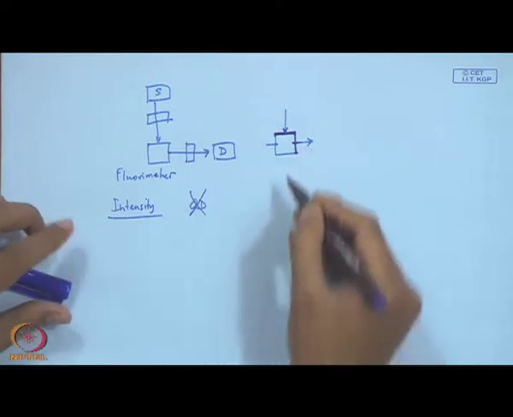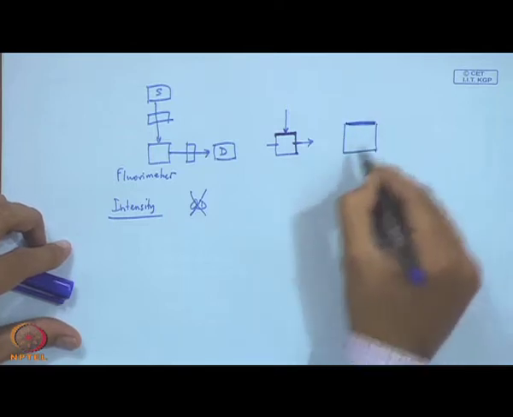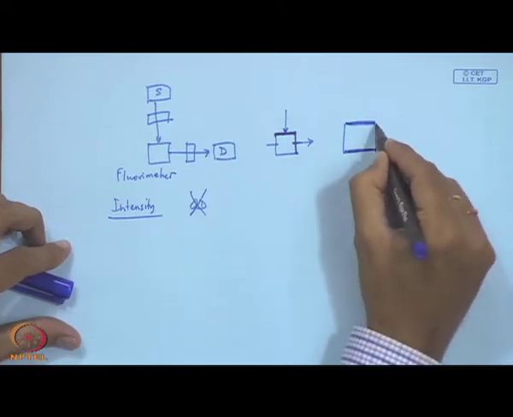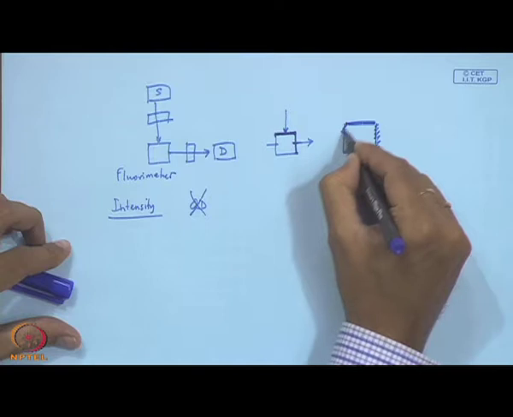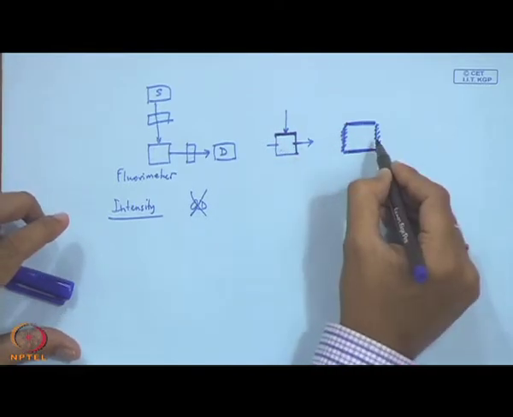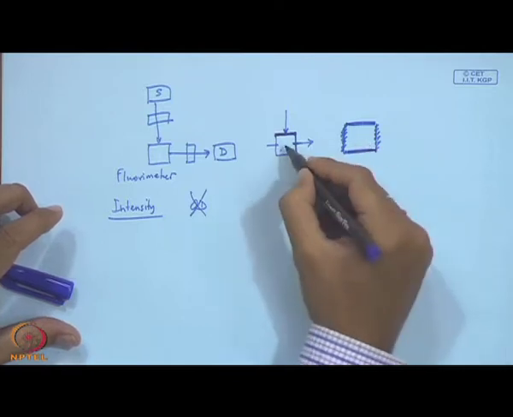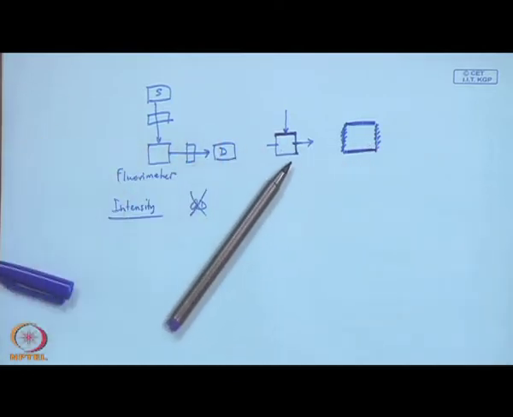So this cell is different from your UV cell where only these two windows are transparent and these two may be frosted. But the point is you may use a fluorescence cuvette for your UV measurement, but no UV cuvette can be used for your fluorescence measurement.